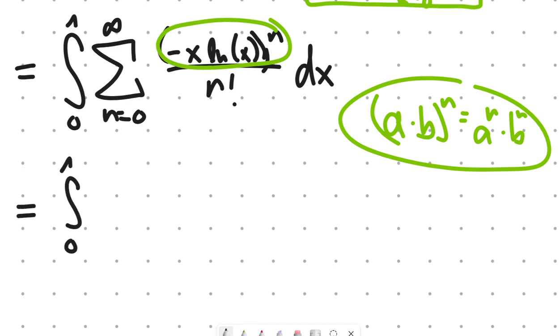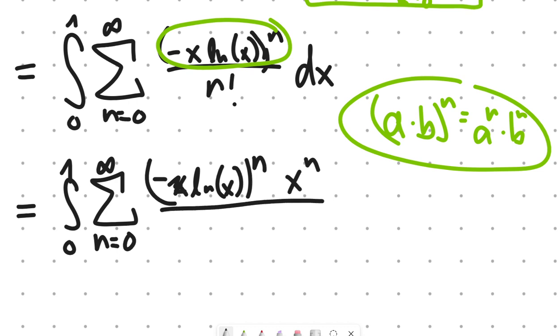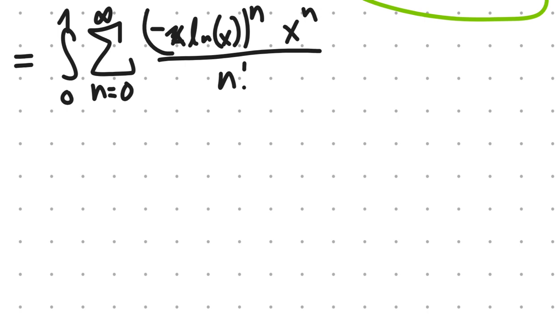So we have the integral from 0 to 1 of the infinite summation n goes from 0 to infinity of (negative ln x) to the n times x to the n, dividing all by n factorial. The reason why I put the negative ln x together and not the negative x is because I'm going to do a substitution in a short period of time.